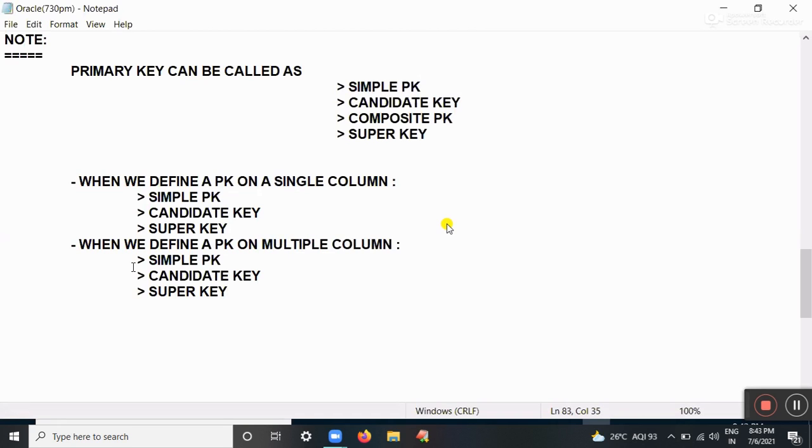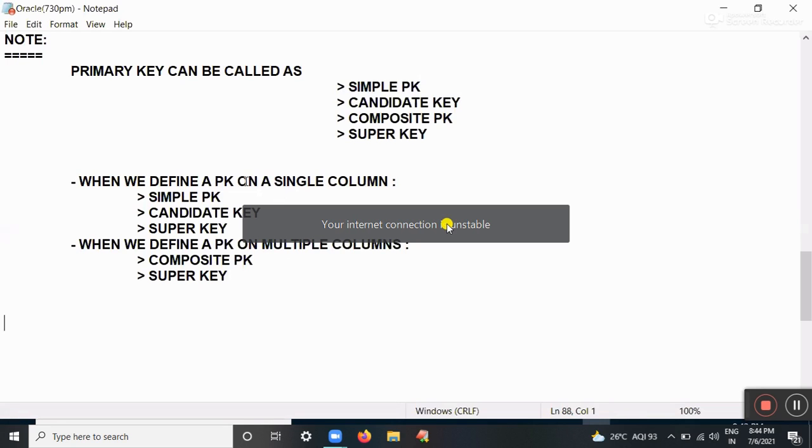And the second one is about any dependency. When these two conditions are satisfied, then only your table comes under Boyce-Codd normal form.